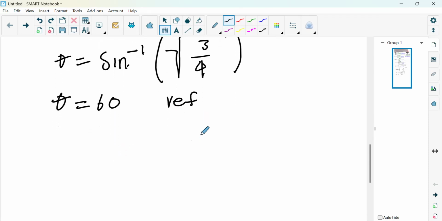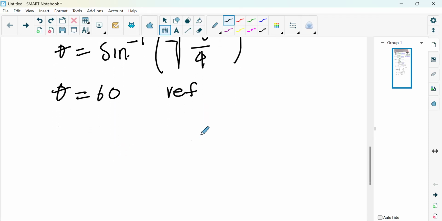Now, since we're looking for the general solution, we're dealing with sine, and we want where sine is positive. Where do we expect sine to be positive? In the first quadrant.